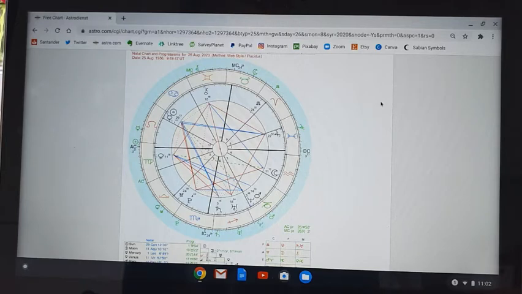I think that's pretty standard. I think you might even be able to have 4, depending what degree of a sign you're born at. But don't quote me on this. You'll definitely have at least 2, and I'm pretty sure you'll have 3.